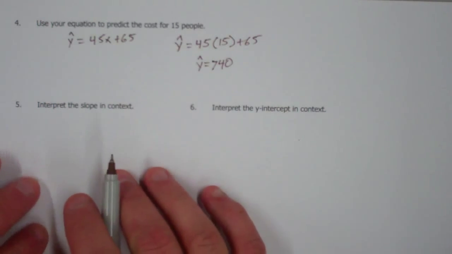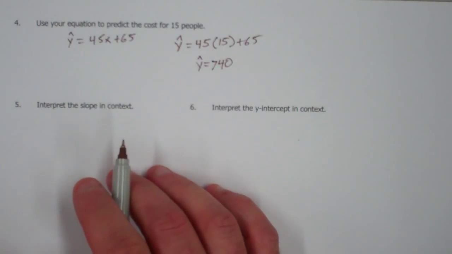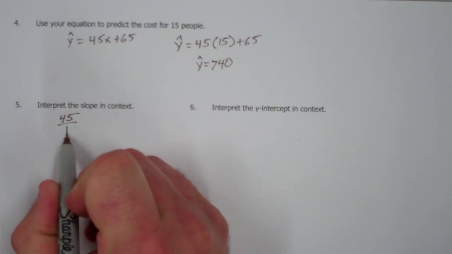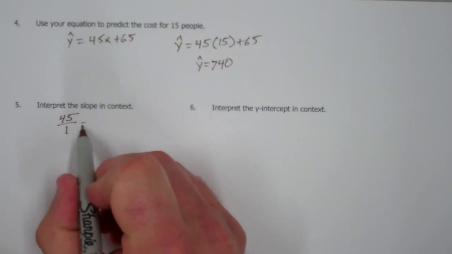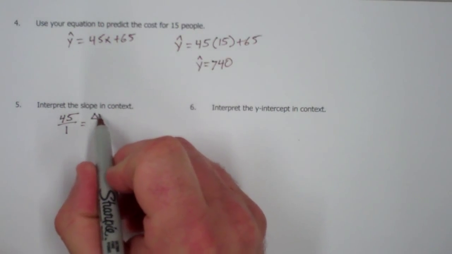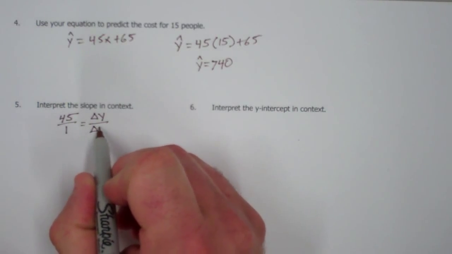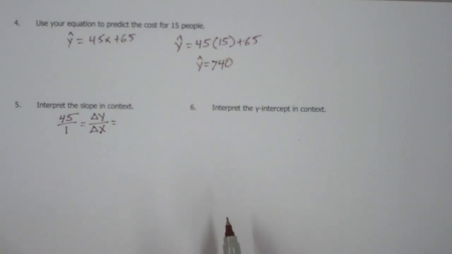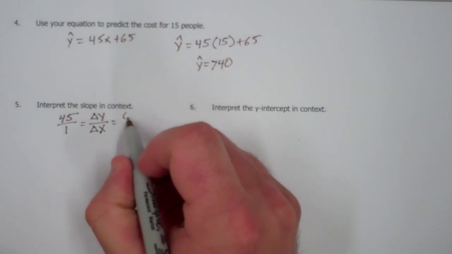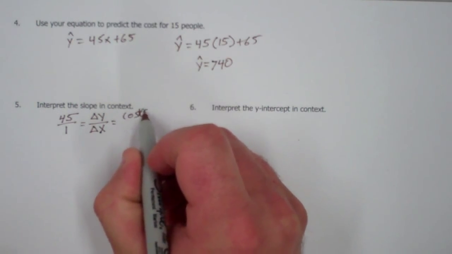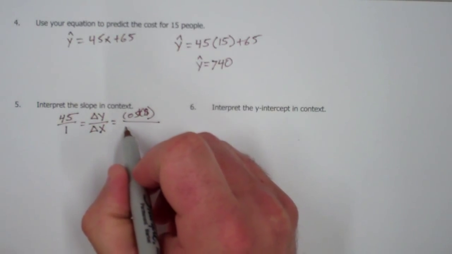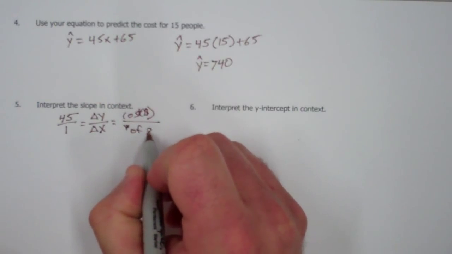And now what we're going to do is interpret the slope in context. Well, the slope here is 45, and I'm going to write that as a fraction, 45 over 1. Remember that the slope is the change in Y over the change in X. So I like to list my variables out here to see what they are. The Y variable is cost in dollars, and the X variable is going to be the number of people.